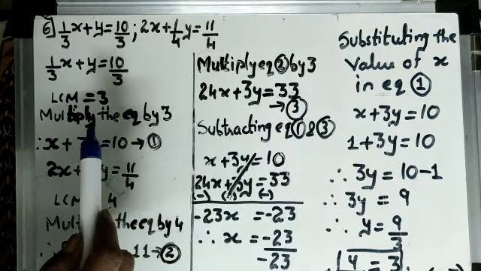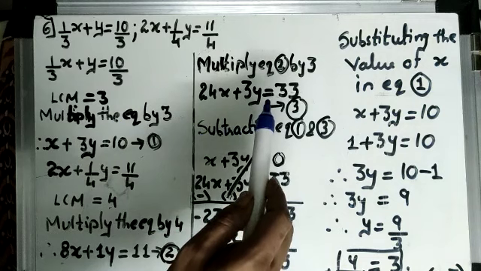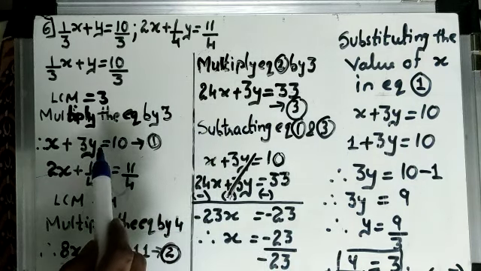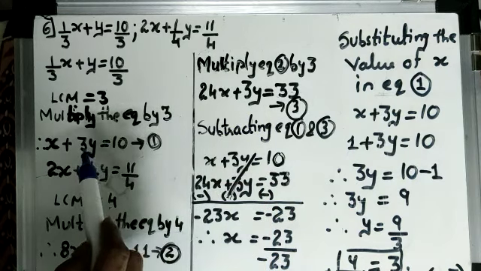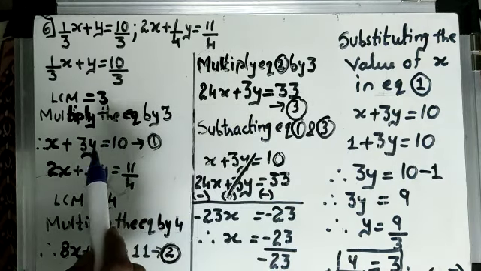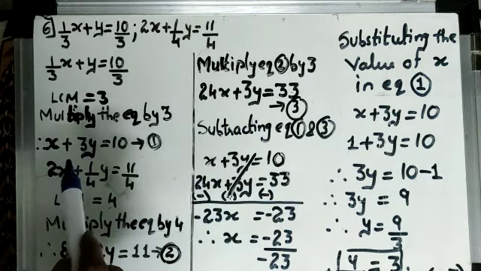Now you will see that in my equation number 1 and equation number 3, y is a variable having the same coefficient, that is 3. But both coefficients have the same sign.